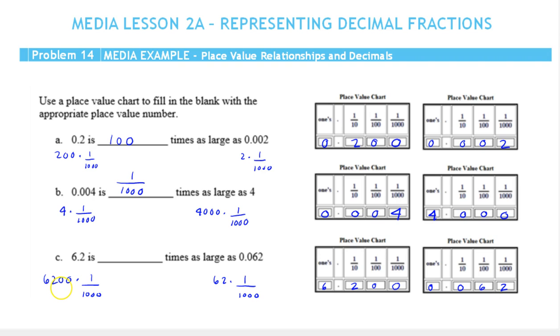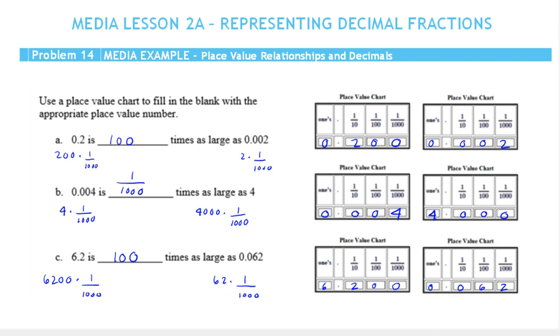Now comparing 6,200 and 62, 6,200 is 100 times, you'd have to add 2 zeros, which is multiplying by 100 to get to 62. So 6.2 is 100 times as large as 0.062. And again, comparing the decimal places, to get this 6 to the 1 spot, you'd move 2 decimal places.